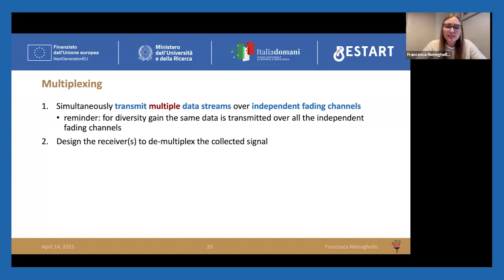So we want to simultaneously transmit multiple data streams instead of improving the robustness. And here, an important step is the demultiplexing at the receiver side, which will allow us to retrieve the different data streams and separate them out.